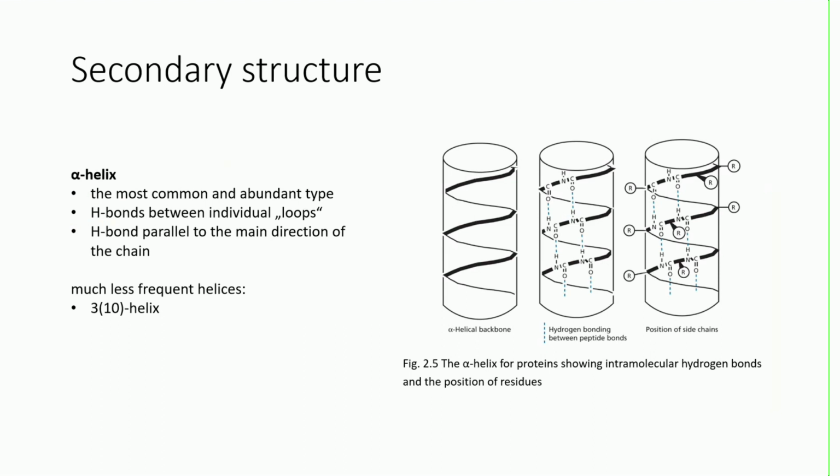As for the particular types of secondary structure, the alpha helix is the most common, and it's an organized form of helix, enabled due to hydrogen bonding between the particular floors of the helix.